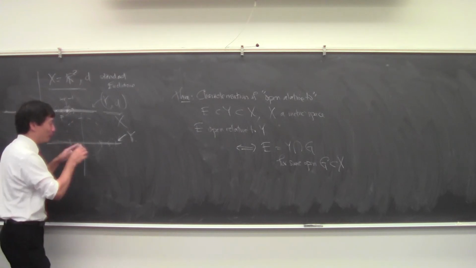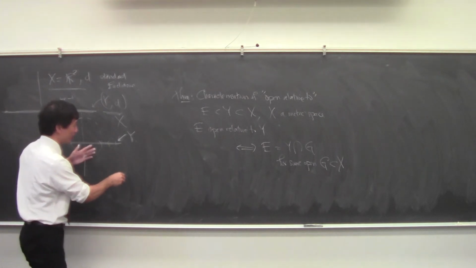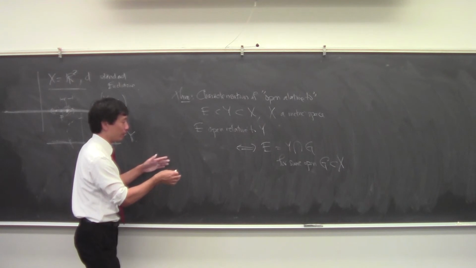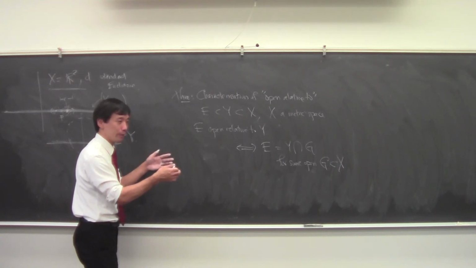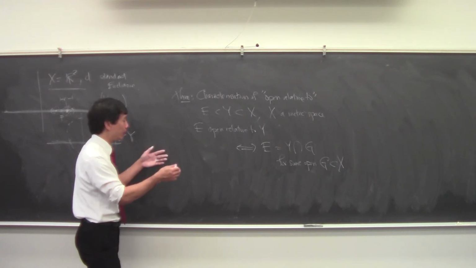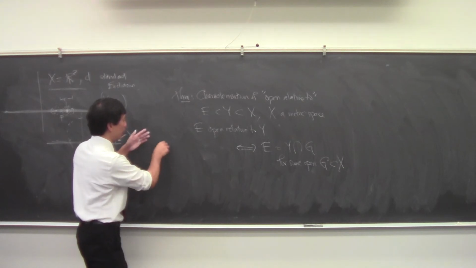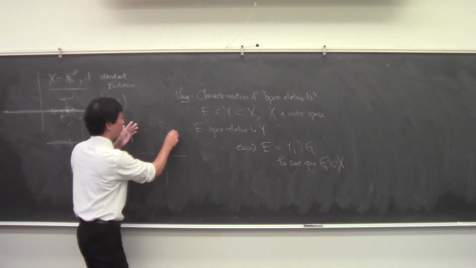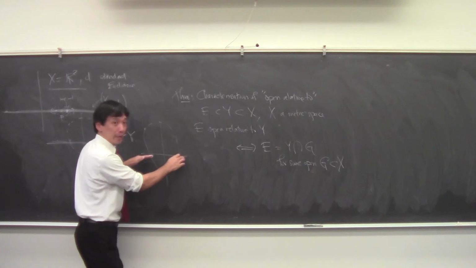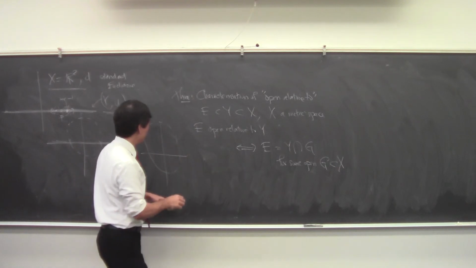Open relative to Y has a simple meaning: it means that you are the intersection of some open set in X with Y.